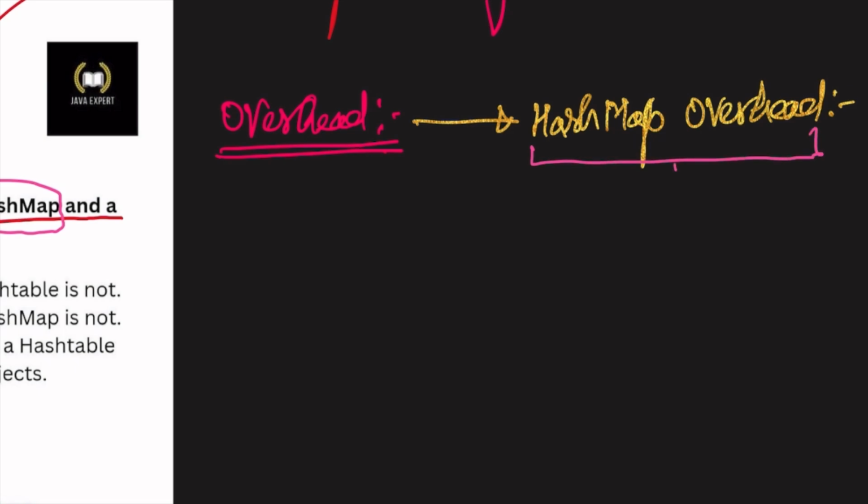This means it does not have to manage locking or other mechanisms to ensure data consistency when multiple threads access it concurrently. As a result, operations like insertion, deletion, and retrieval are generally faster in hash map.